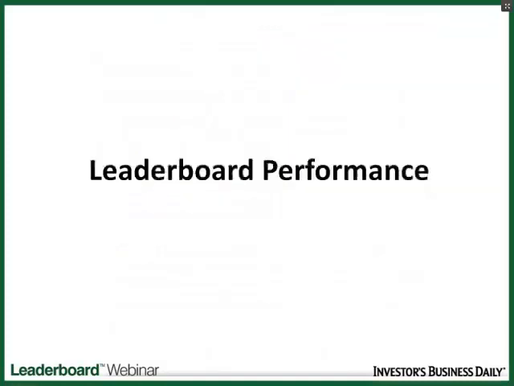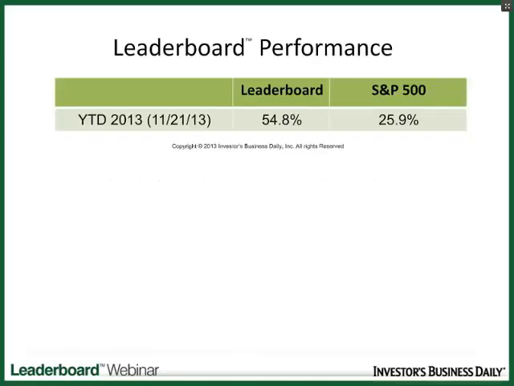So let's talk a little bit about how the Leaderboard has performed this year. When you put together what we've been talking about, looking for stocks that show all the CAN-SLIM attributes, strong sales and good earnings and strong price action, and then you're keyed in with the market, we're able to get results like these, where we're up 54.8% year to date, and that's more than double the S&P 500.